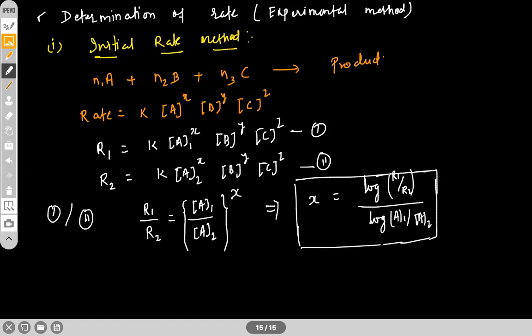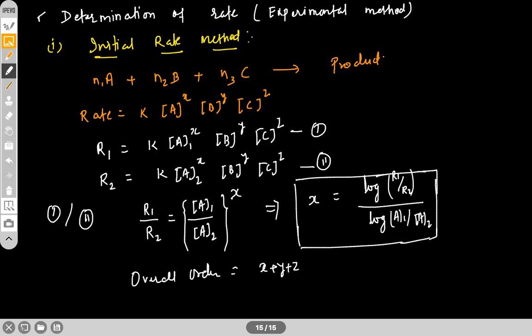Similarly, we can repeat this method for B and C also. So like that, we find out y and z, and the overall order of the reaction would be x plus y plus z, and this is the answer. Clear?